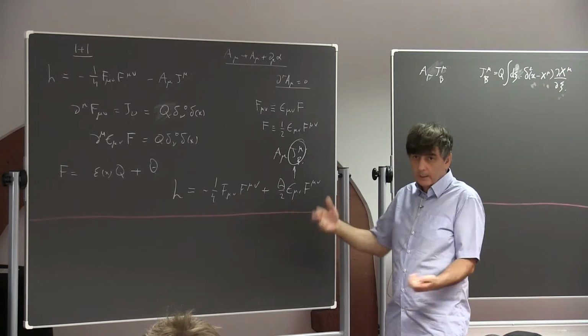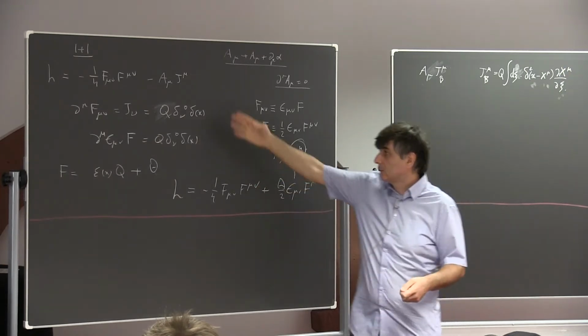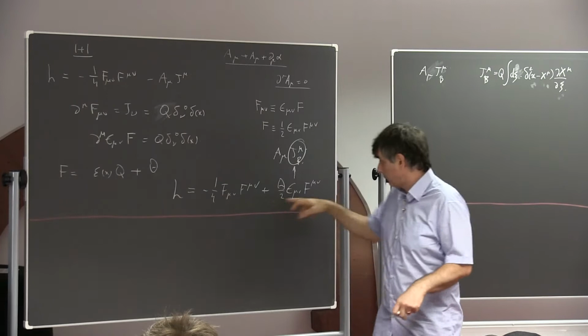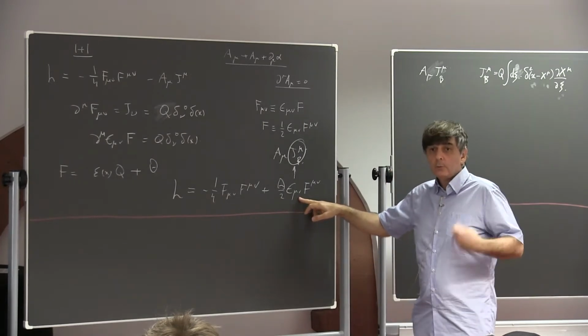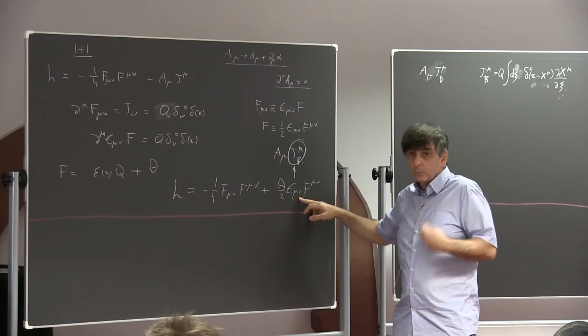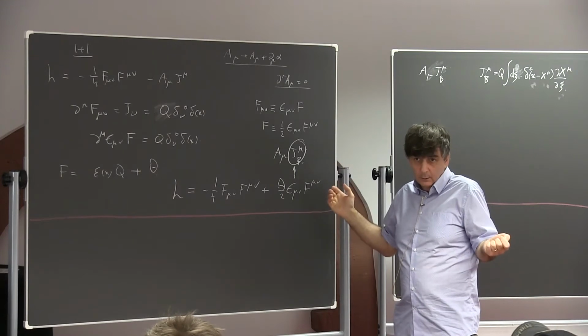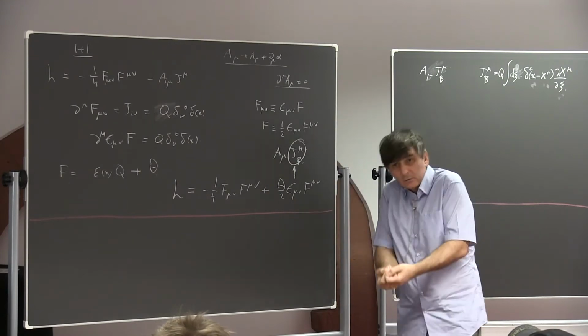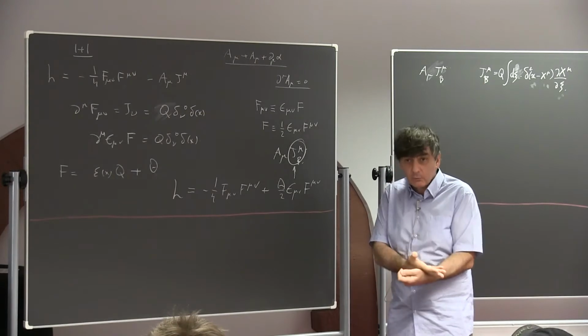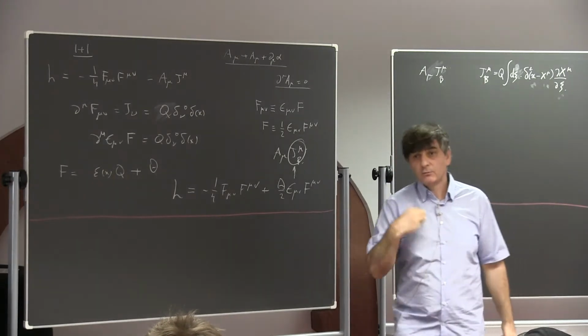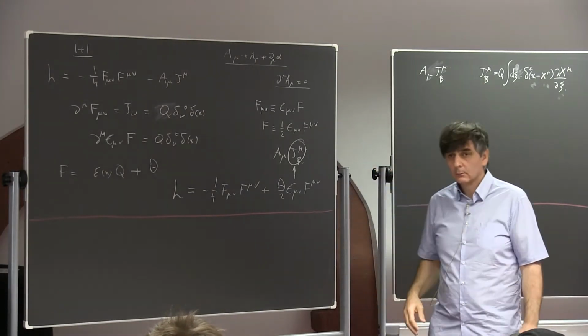But you could have started without this song and dance from the beginning. You could have written this term. If you wrote it from the beginning, it would look like simply a parameter. But this procedure tells you that it's not really just a parameter. It's a parameter, of course, but it's a parameter that gives information about your choice. That part I understood.